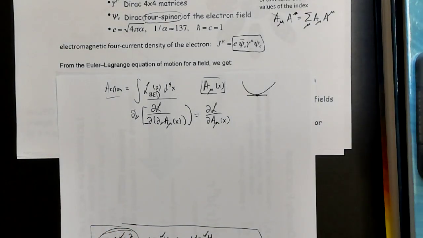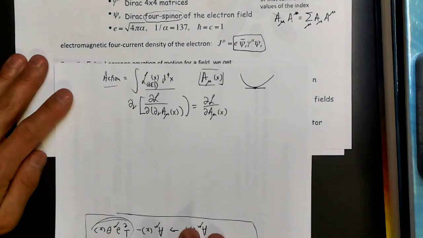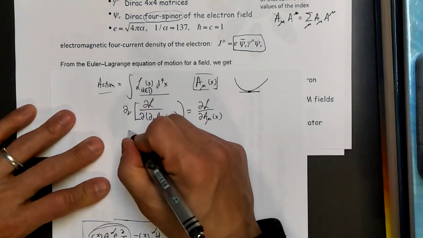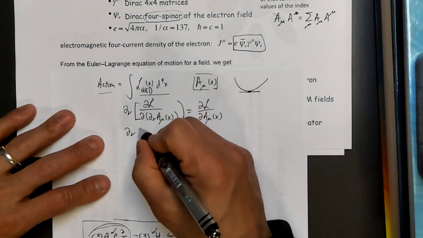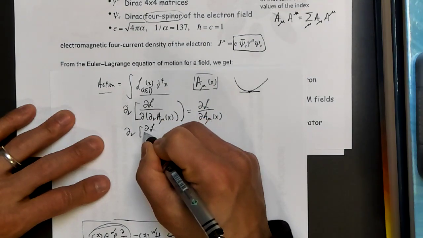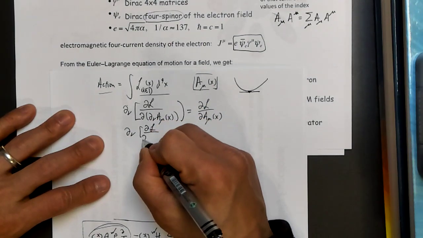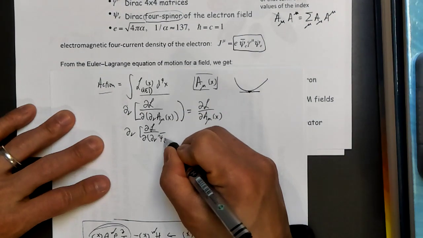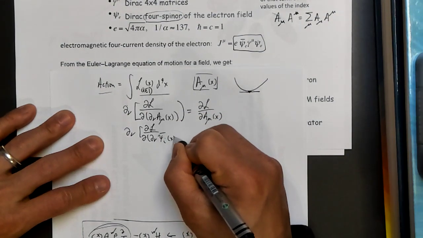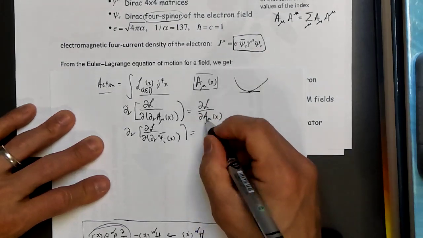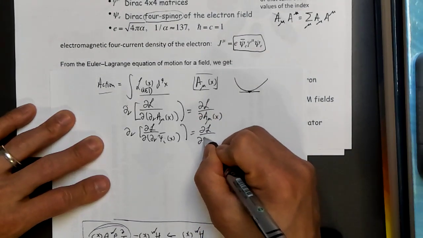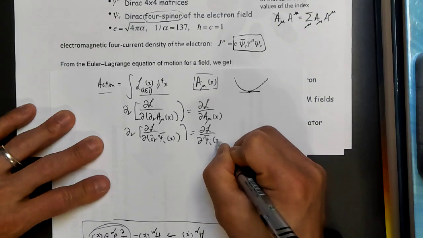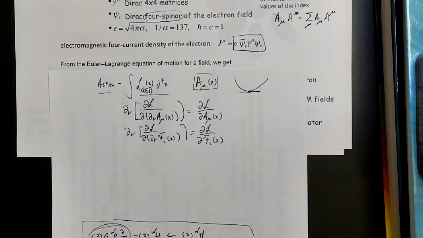And you can do the same kind of thing for the psi fields or the psi bar fields. Let's do it for the psi bar fields. We will have d nu of the derivative of L with respect to d nu psi bar, some particular component of psi bar at the point x, equal to the derivative of L with respect to that same component of psi bar at x.